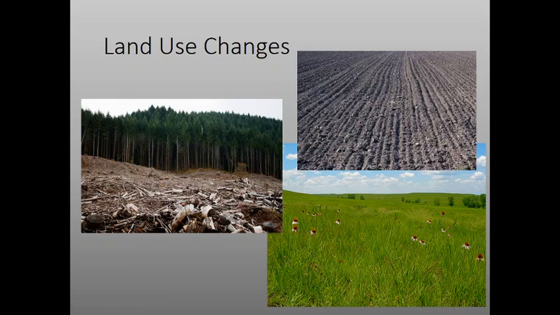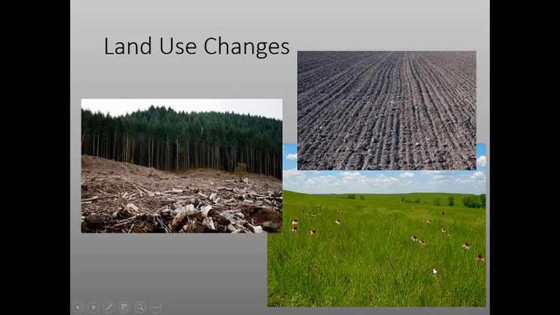Now that wood is not going to decay, but all the tiny little branches that are cut off are basically just left where the forest was cut down, and those things will decay. And also, there's a bunch of carbon in the soil that will get released that would normally have stayed there if the trees had not been cut down.